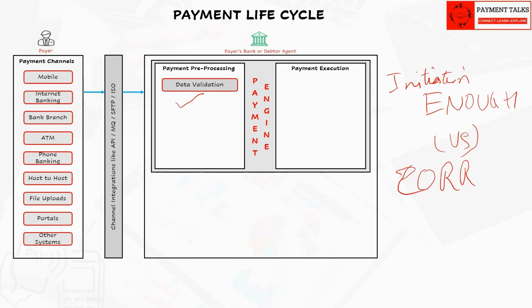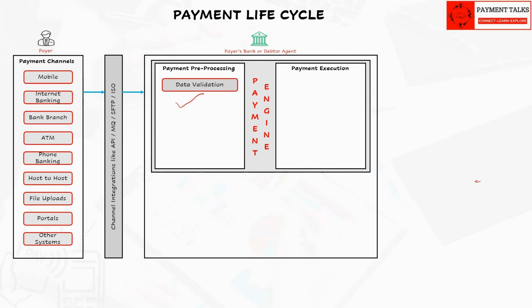Then we have account status checks, like whether the account is dormant, whether it has the necessary currency permissions, necessary funds for an FX transaction, or whether the beneficiary bank details entered are correct, etc. Then there are validations like transaction limits. Various checks happen, like when you add a new beneficiary, you are not allowed to transact within 24 hours. Or even if you are allowed, it would be restricted to a certain amount, etc. All these checks happen in this phase.